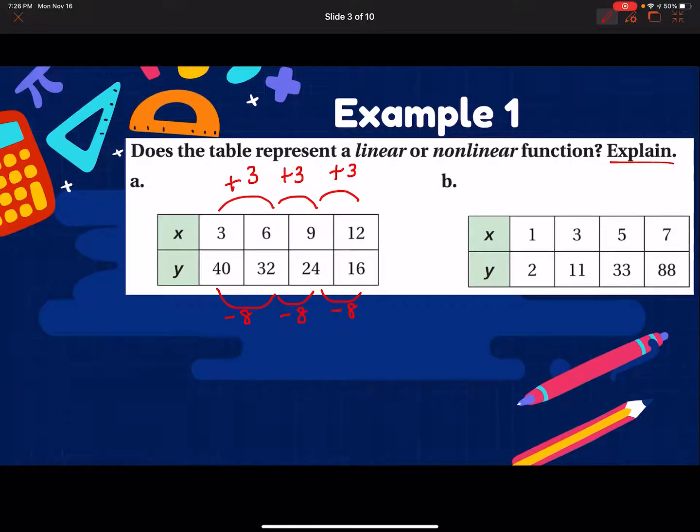So when it says explain, we can simply say as x, or our input, increases by 3 because it's going up by 3, y decreases by 8.